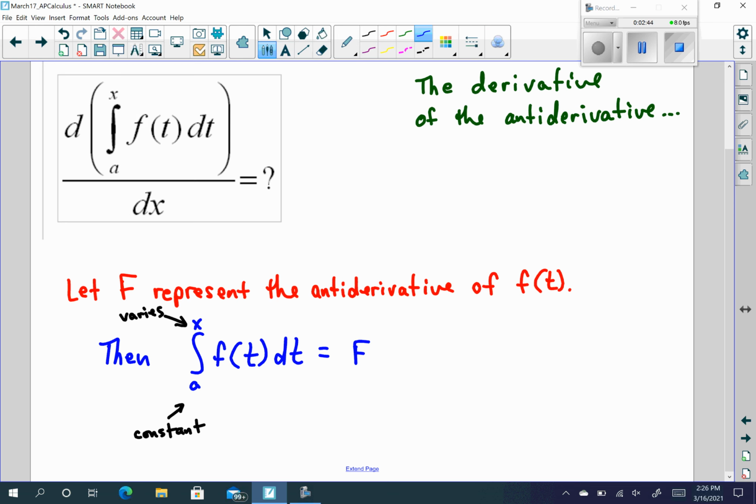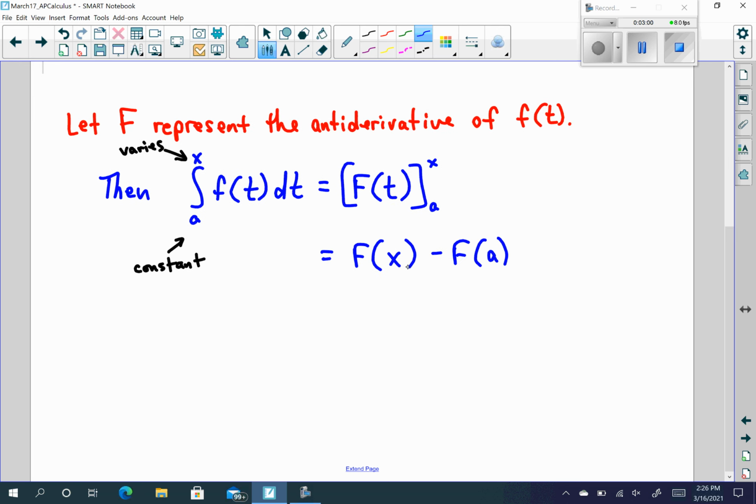This is going to be the antiderivative expression from t equals a to t equals x. So now this becomes capital F of x minus capital F of a, the antiderivative evaluated at x minus the antiderivative evaluated at a. Well, since a is a constant, this F of a is also a constant.